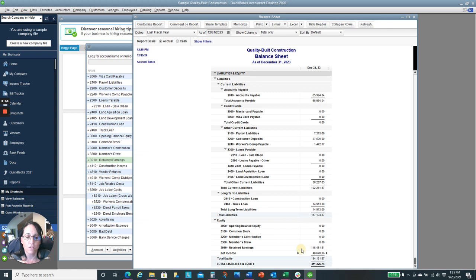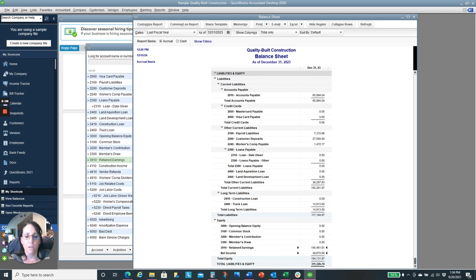So this is an important number, and it's not an account that you want to use to make adjustments unless it's absolutely necessary because you're cleaning up an error or something like that. So that's your retained earnings. That's really what your equity comes down to.